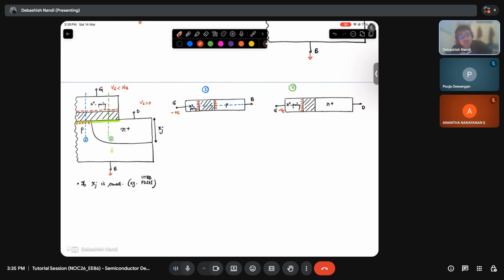So what will be the positive charges in the case of N plus? What are the sources of positive charges? Come on, I think you can answer this.